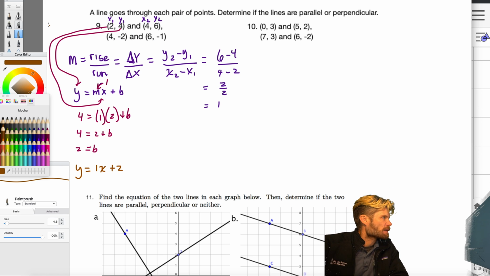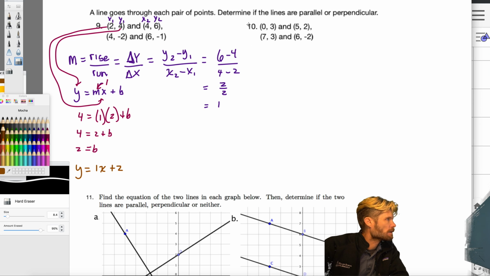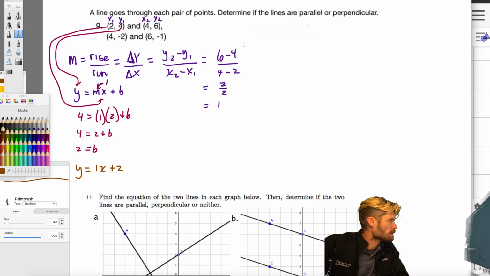Now I need to do that for the next line. And I just need more room, and I'm going to erase this one because you guys are going to do that. So let's just erase that. And so point 2, we're going to do this one over here. Same thing.